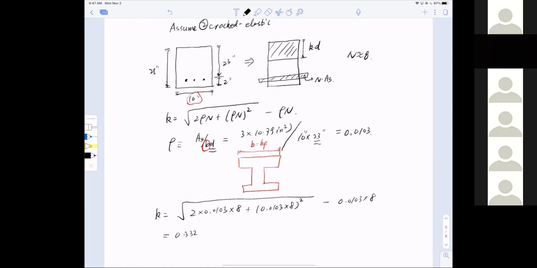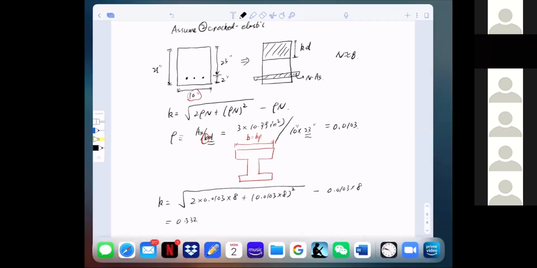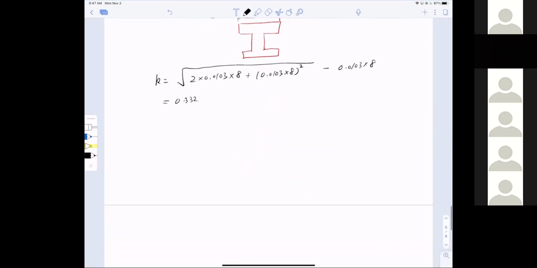That means the compression zone is almost 1/3 of the depth. So quickly, kd equals 0.332 multiplied by the depth 23 inches, which equals 7.63 inches.